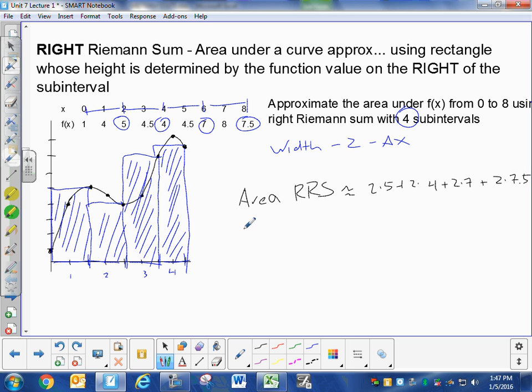And again, since it's systematic, we can factor out the 2 and sum up our heights. 9, 16, 23.5 times 2, so that's 45. Is that right? No, 47, of course. Okay, that's the right Riemann sum.